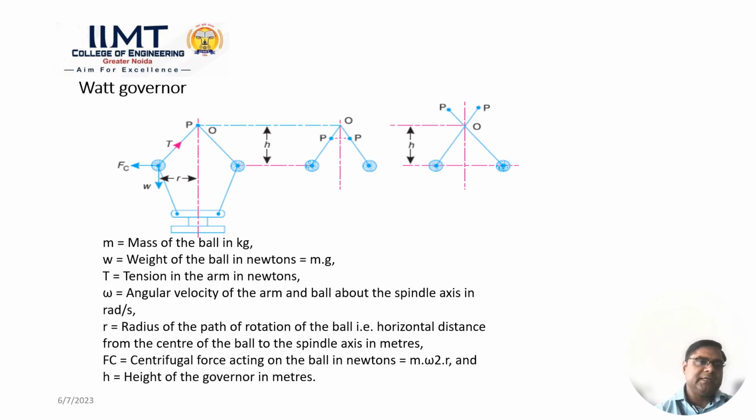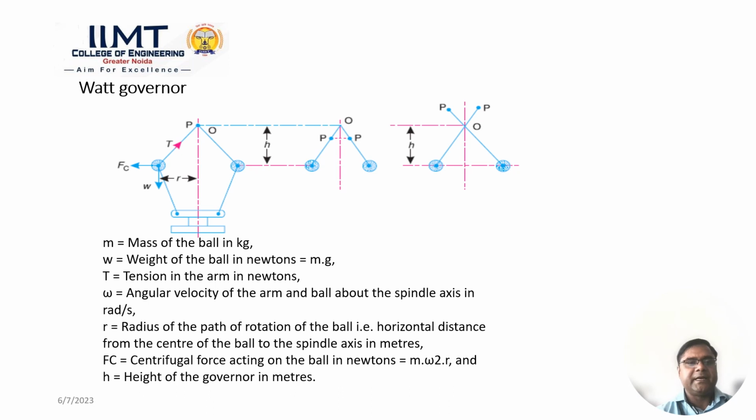I have already discussed the terminology of the governor. Here m is the mass of the ball in kg, small w is the weight of the ball in Newton, which is equal to m into g. T is the tension in the upper arm in Newton, and omega is the angular velocity of the arms.